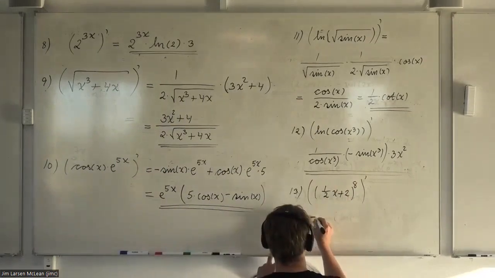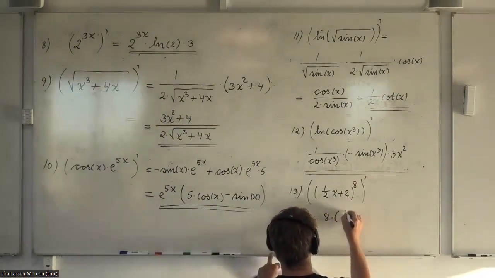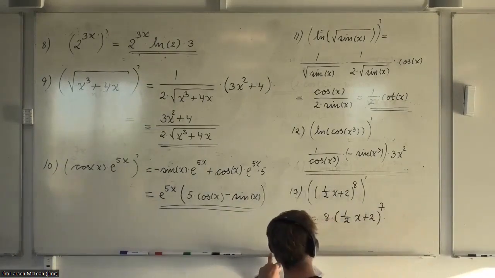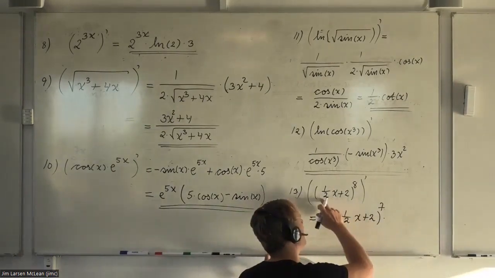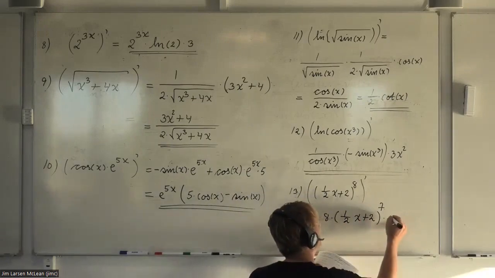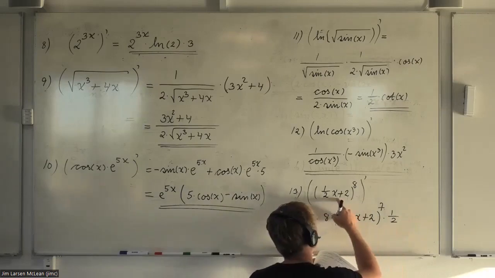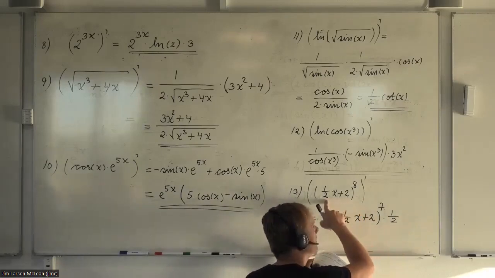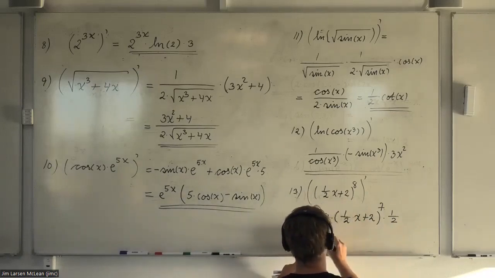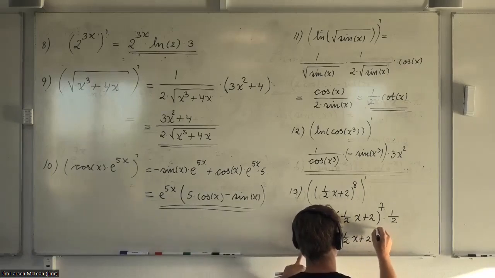Then I get 8 times half x plus 2, all to the 7th power. But I'm not finished, because I need to differentiate the inside, and half x plus 2 differentiated gives half. Because it's a straight line with a slope like this. And half times 8 gives 4. So I can write it as 4 times half x plus 2, the whole thing to the 7th power. And that was problem 13.